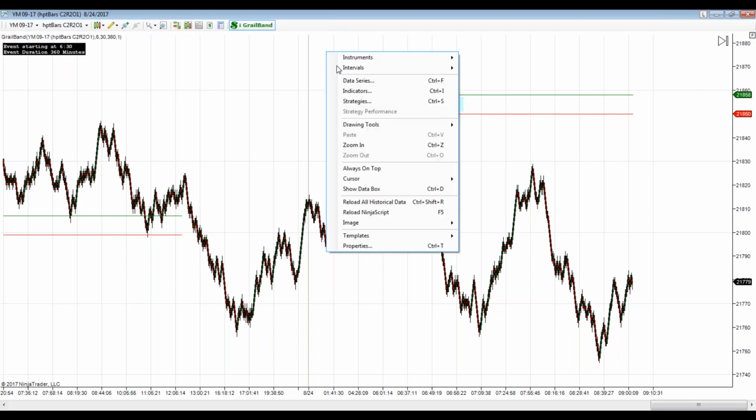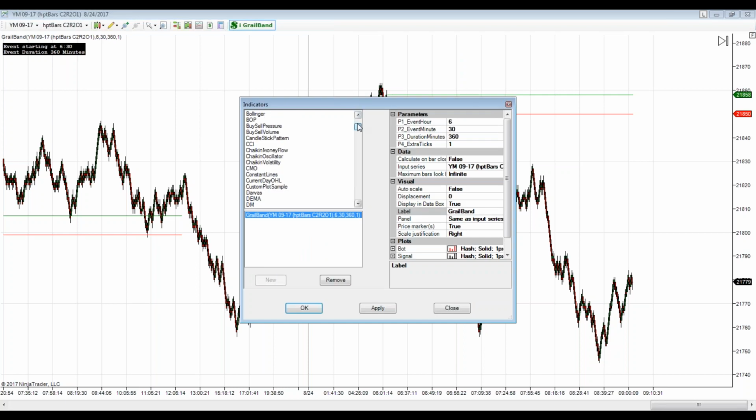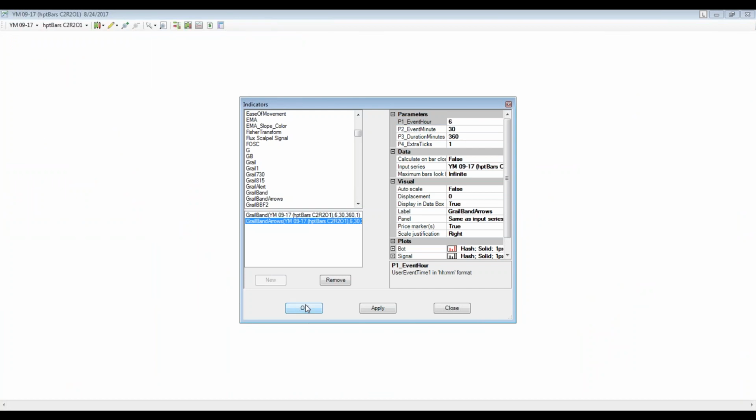one really won't step on the other, but if I go ahead and put the other indicator up, which is the Grail band arrows, all right, notice I still need to make the same time because as I put it up here, this says 8:30. I want 6:30. Whoops, not 86:30, 6:30, and I'll hit OK.